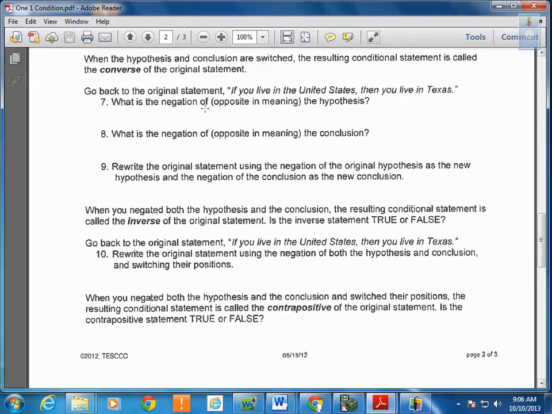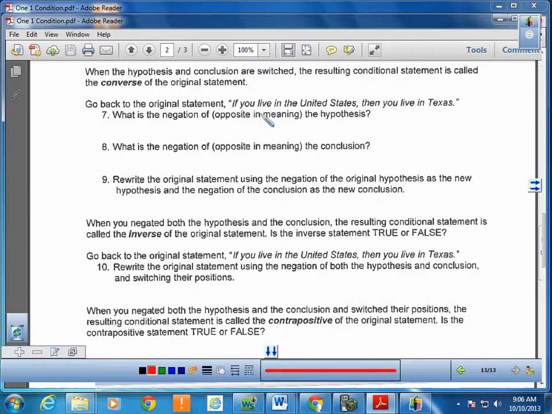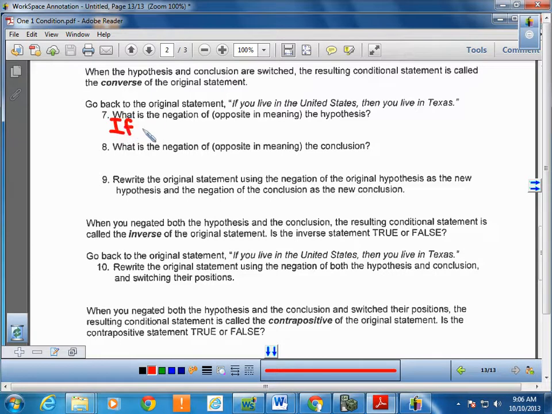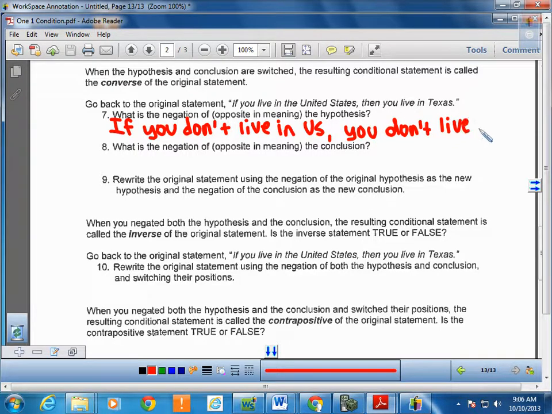Go back to the original statement. If you live in the United States, then you live in Texas. What is the negation or opposite meaning of the hypothesis? The opposite meaning would be if you don't live in the U.S., then you don't live in Texas. What is the negation of the conclusion?